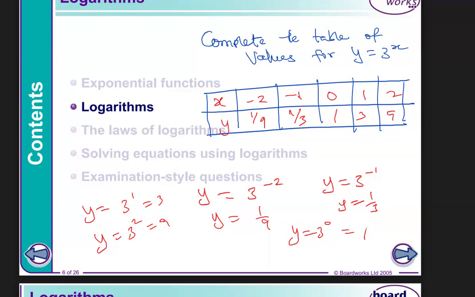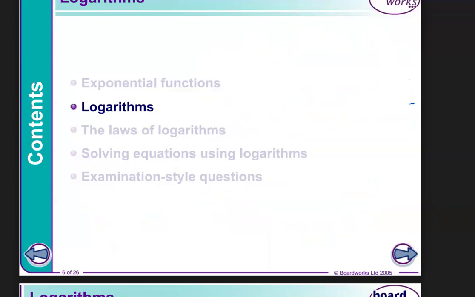So that's what you can do, plotting graphs with exponential functions. Let's see maybe we can do some other things there.